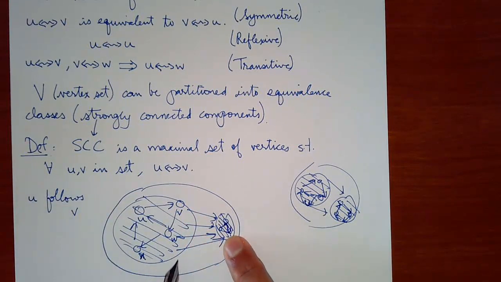But between two vertices, one in this set and one in the shaded set, the edges only go in one direction, and the paths only go in one direction. Does this make sense? The definition of strongly connected components? Questions?